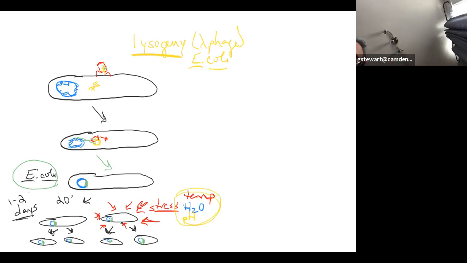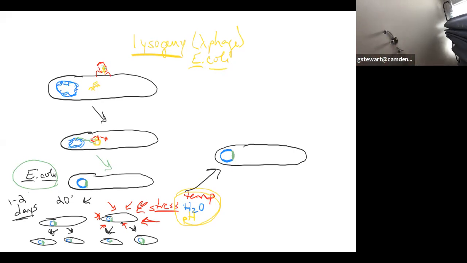When this E. coli gets stressed due to those factors, that's when the phage... again, it's more complex than I'm telling you, but I'll just tell you here. It's because where the phage integrates is a particular spot on the E. coli chromosome, and it's close to the genes that we call the heat shock genes, because some of them have to do with temperature, but others have to do with water and pH.